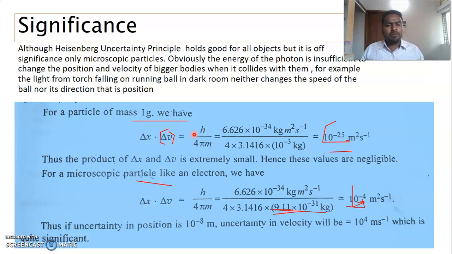For the macroscopic particle we got a very small value, 10 to the power of minus 25 meter square per second, but for an electron we got 10 to the power of minus 4 meter square per second. So even though it is applicable to all objects, it is more significant for microscopic particles than macroscopic particles.